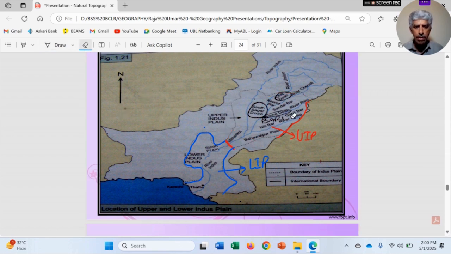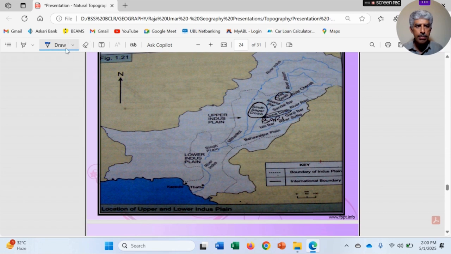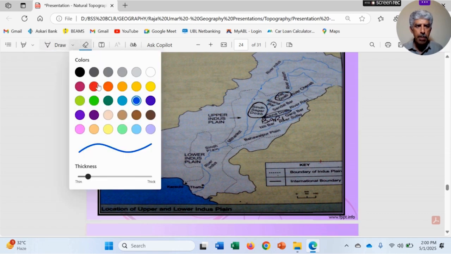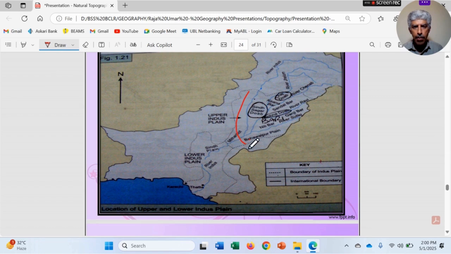If you just look around, what you observe is that in the Upper Indus Plain we find few rivers: I, J, C, R, B, S. B is somehow part of this Indus Plain, as I will explain when we come to the Doabs of the land, then the river Beas comes into play.